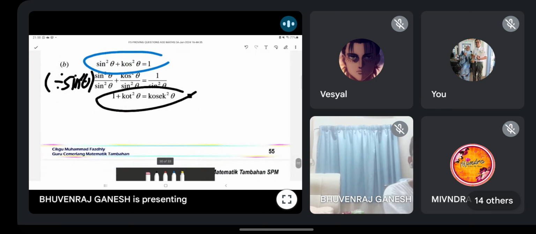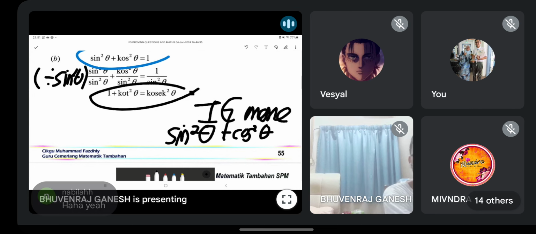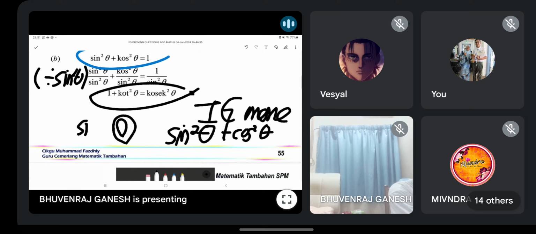Okay. So guys, just a joke lah. Have you all see this IG meme? So kepada sesiapa yang suka tengok IG, sin square theta plus cos square theta, they got 2 cincin macam tu. Have you all seen that guys? Got two wings. They will show one wing is sine square theta, one wing is cos square theta. I don't know whether you all seen it lah. Oh ada, I think kalau siapa tengok kamu tahu lah apa yang saya cakap. Saya pun tak tahu macam mana nak lukis. Something like this lah. They got one wing here, satunya sine square theta.